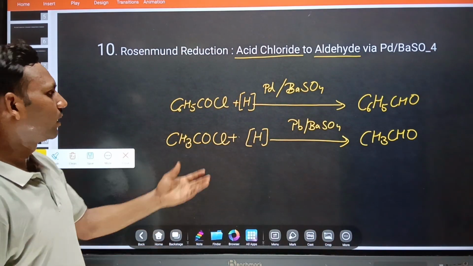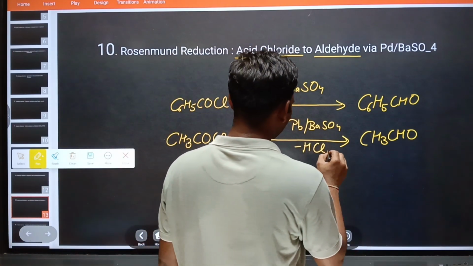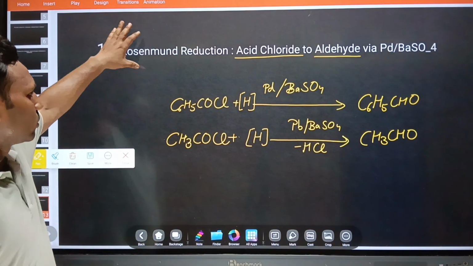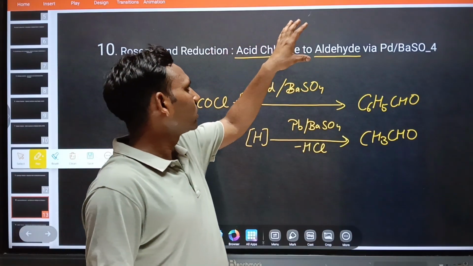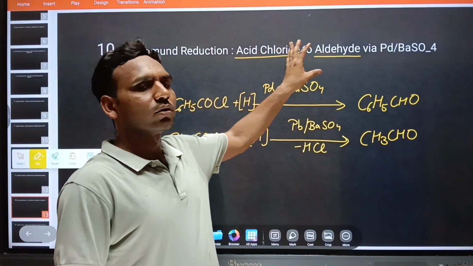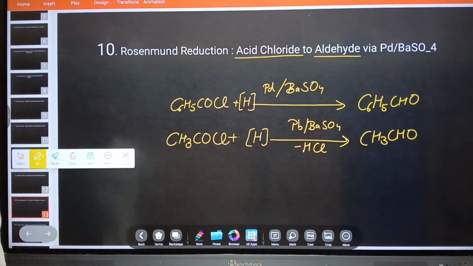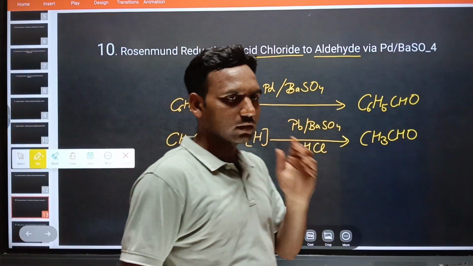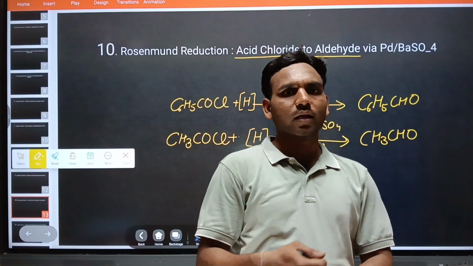Here one HCl is removed, minus HCl. In the Rosenmund reaction, any acid chloride, such as acetyl chloride, forms the aldehyde. Only use this. So total is 10 chemical reactions, 1 to 10.